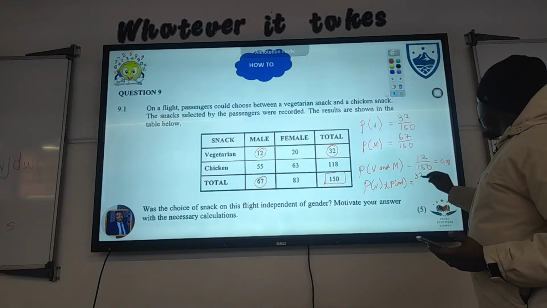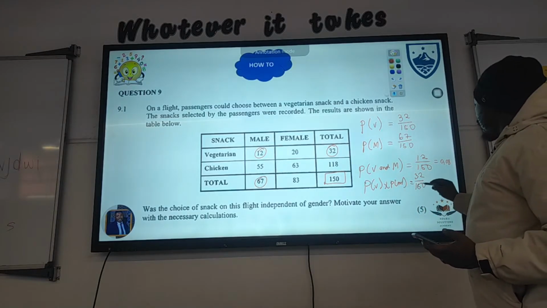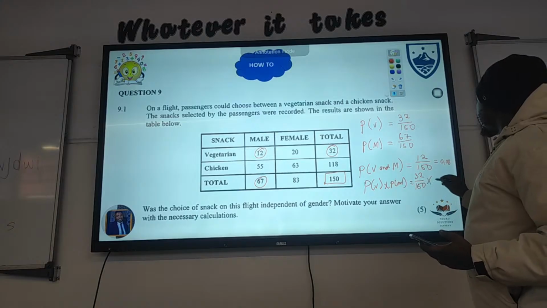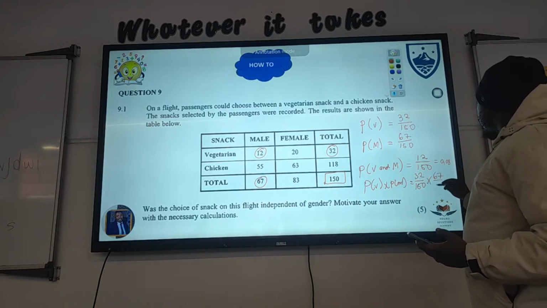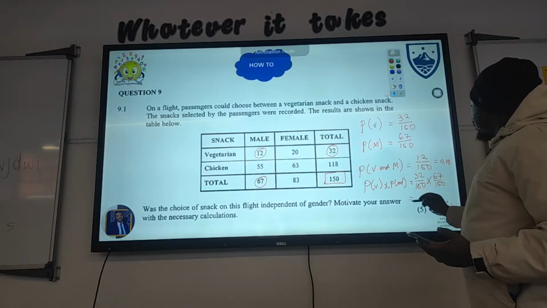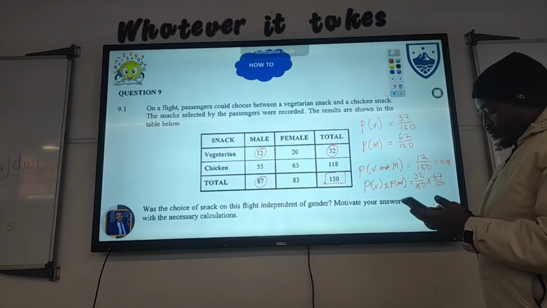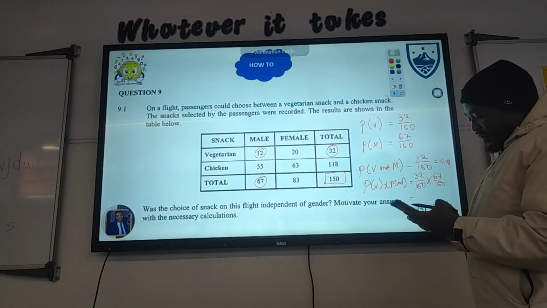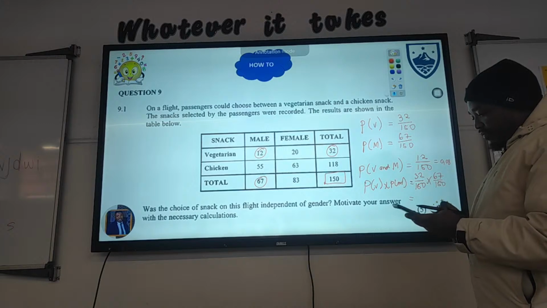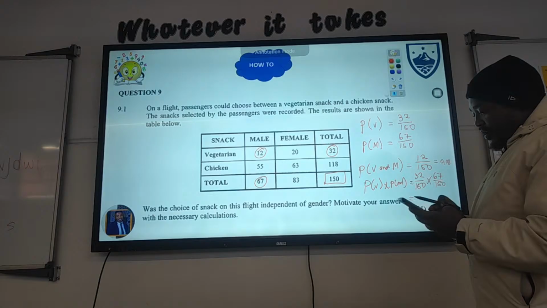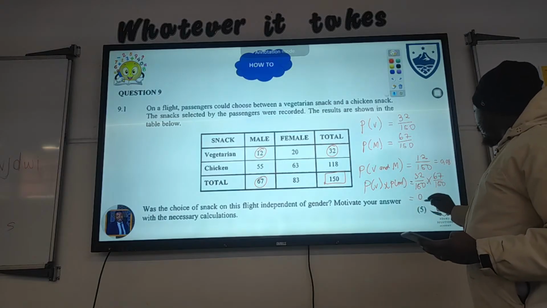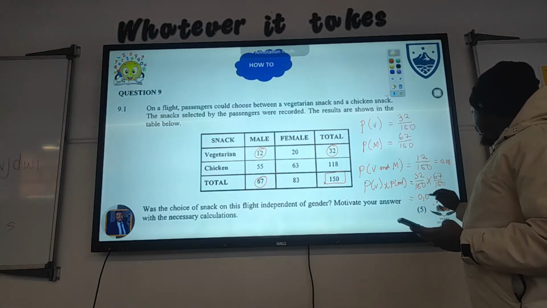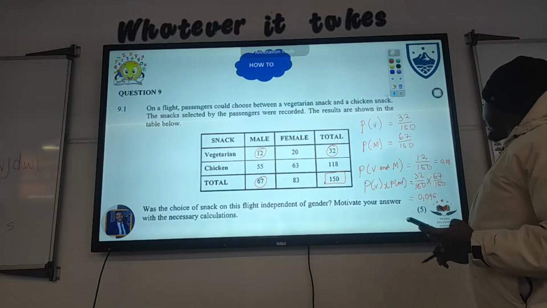32 over 150 multiplied by 67 over 150. Our answer is approximately 0.095.